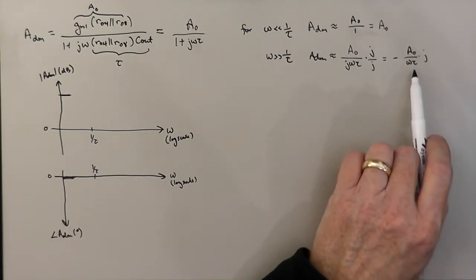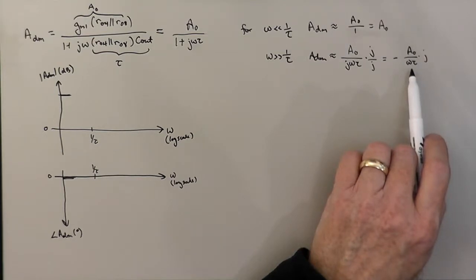And so we have that the magnitude is going to be falling off inversely with frequency. So it falls off as 1 over frequency.